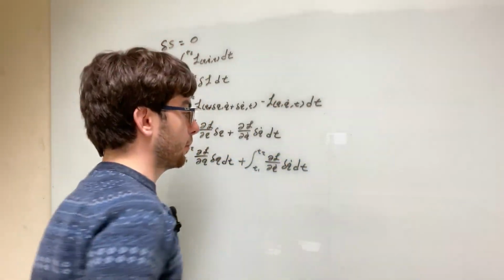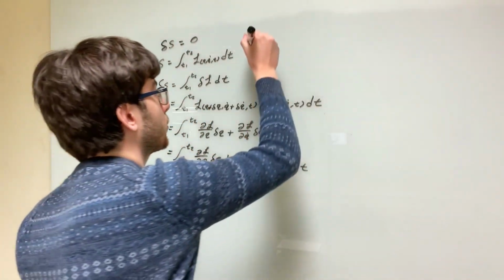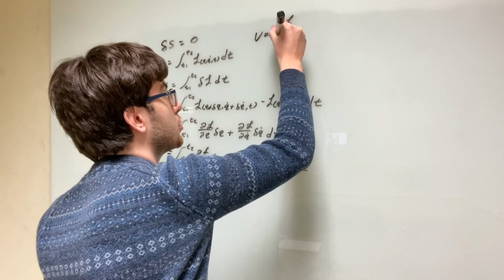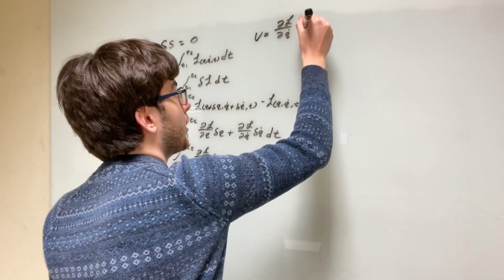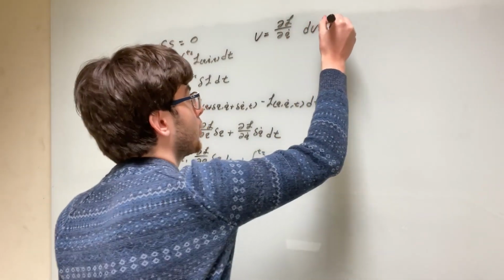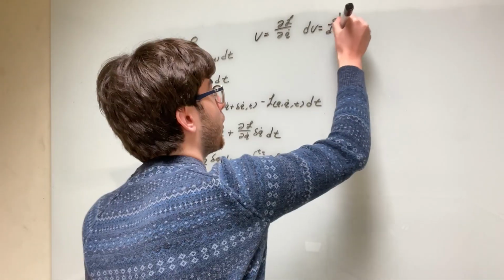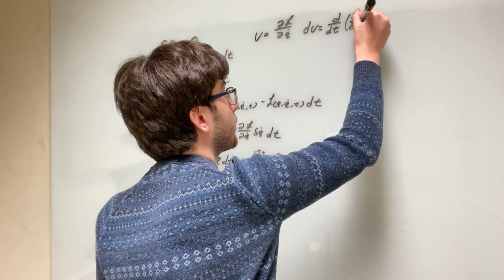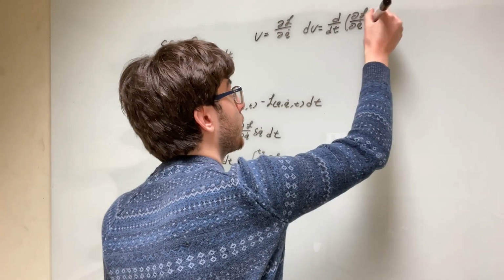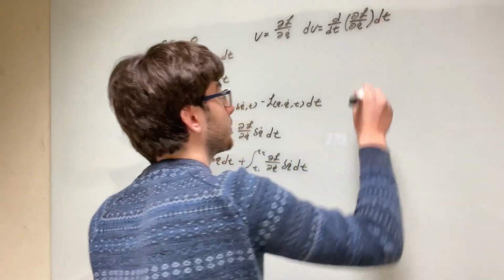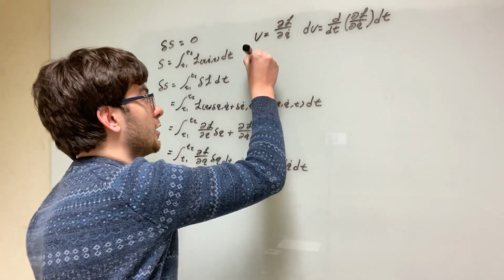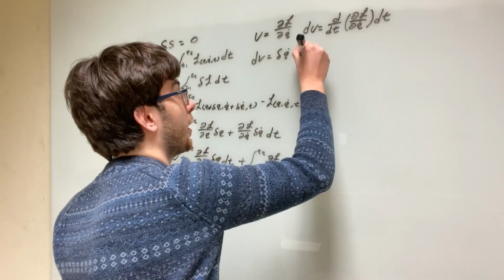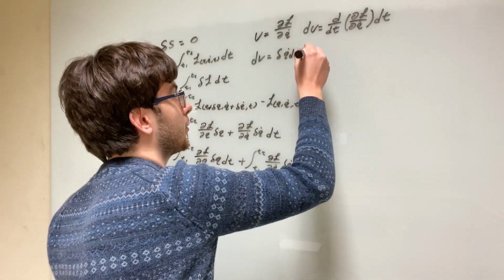So in this case, our u is going to be the partial derivative of the Lagrangian with respect to q dot. And our du will then be the time derivative of the partial derivative of the Lagrangian with respect to q dot times dt. Now our dv will be the variation in q dot, of course times dt.